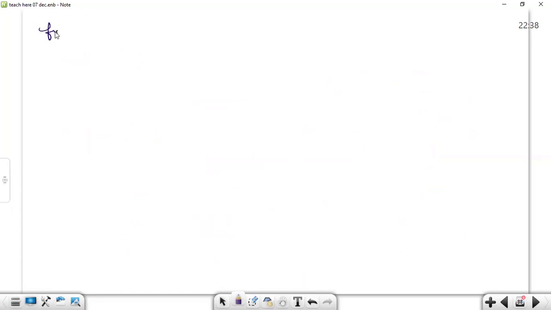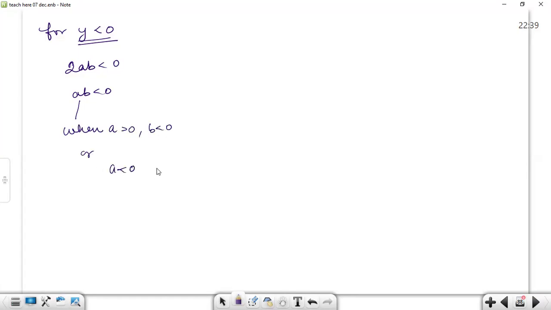So for y less than 0, 2ab will also be less than 0, so ab will also be negative. This can only happen when a is more than 0 and b is less than 0, or a is less than 0 and b is more than 0. So if one is positive, the other one should be negative, and if one is negative, the other one should be positive.